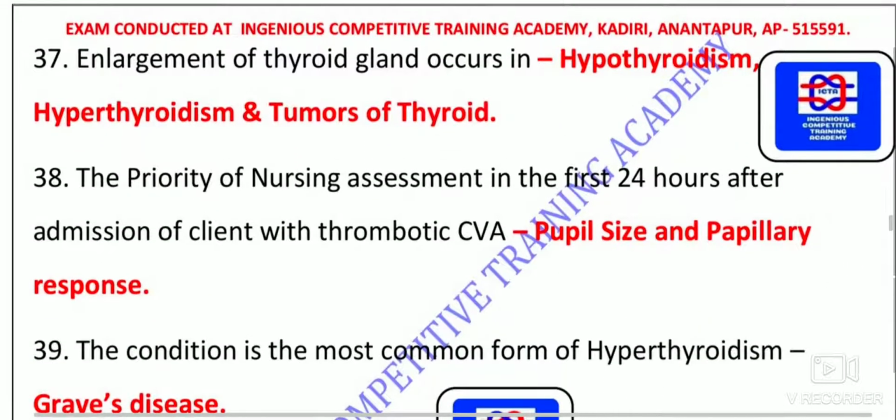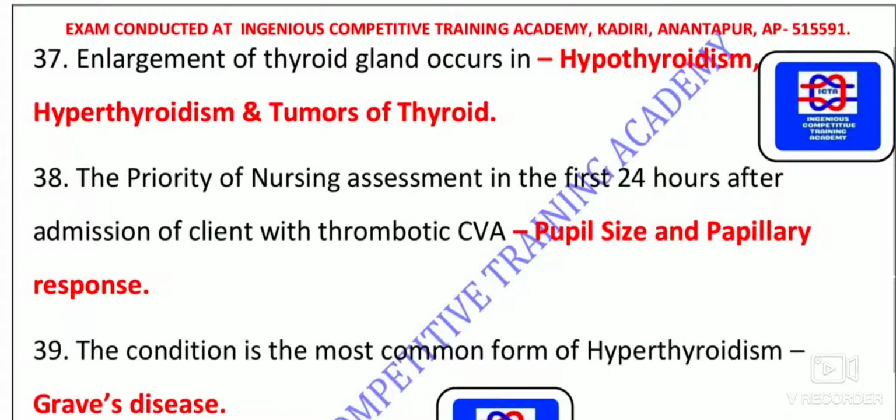Next we have the enlargement of thyroid gland occurs in hypothyroidism. Next we have hypothyroidism and tumors of thyroid. This is what you have to remember. So the enlargement of thyroid gland occurs in tumors of thyroid as well as hypothyroidism.